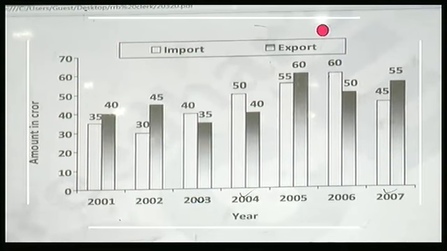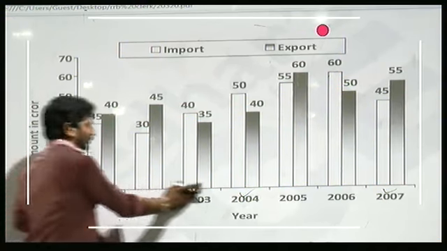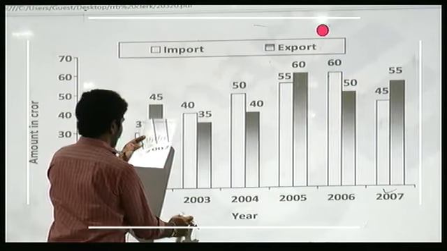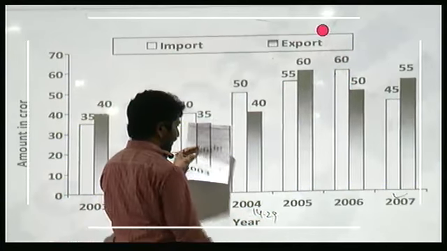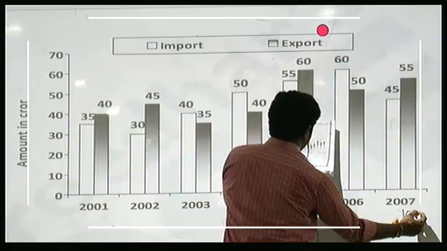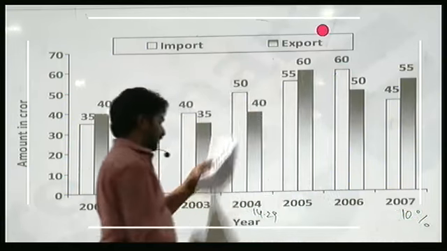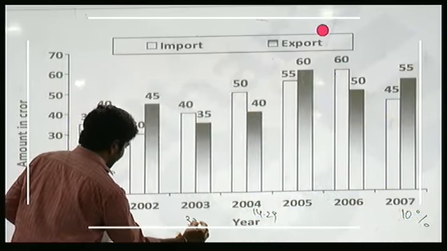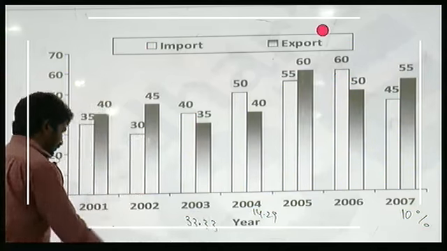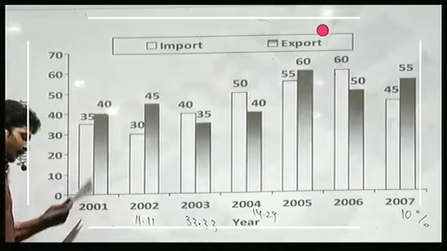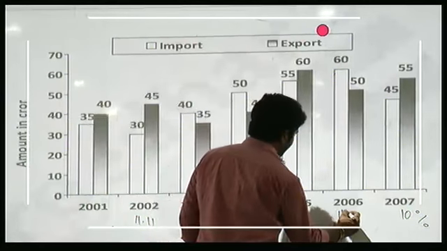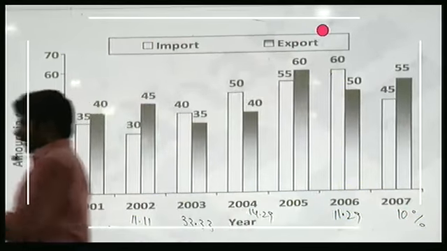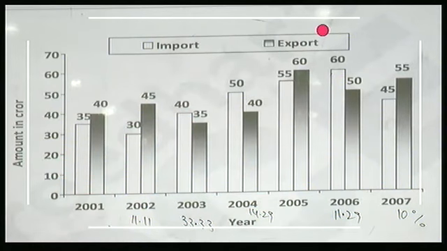Now, what is your first option? 2004, what percent? 14.29. 2007, 10%. 2003, 33.33. 2002, 11.11. 2006, 11.29. Out of those 5 options, only one is right.